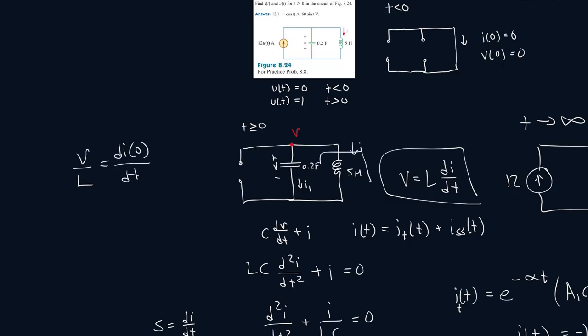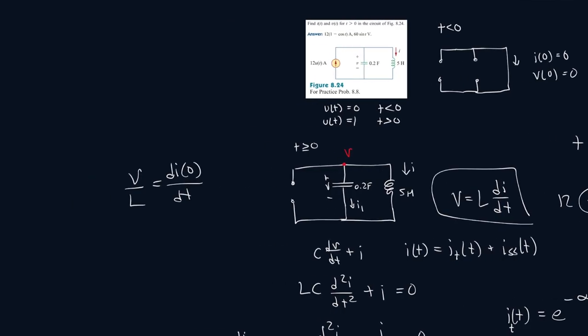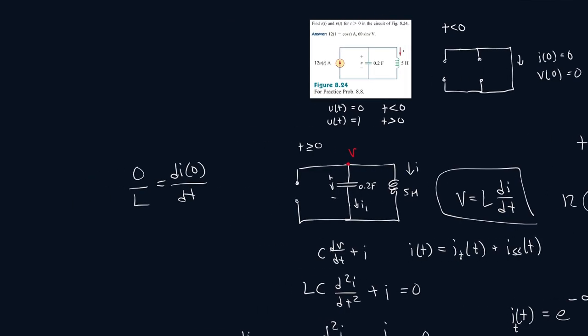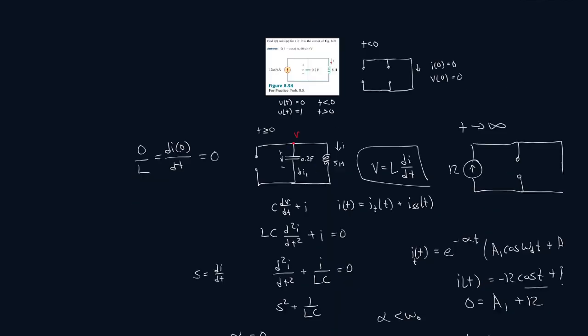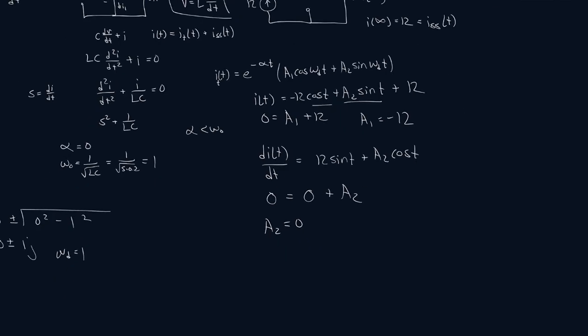We actually know the voltage at this inductor. It's the same as the voltage at the capacitor, and the voltage at the capacitor obviously can't change instantaneously, so when t was equal to 0, the voltage at the capacitor was 0, and that's the voltage at the inductor, so this is just going to be 0. So this is 0 plus A2, so A2 is going to be equal to 0.